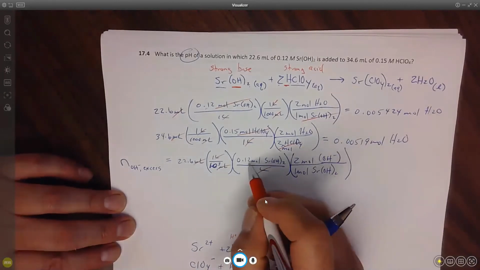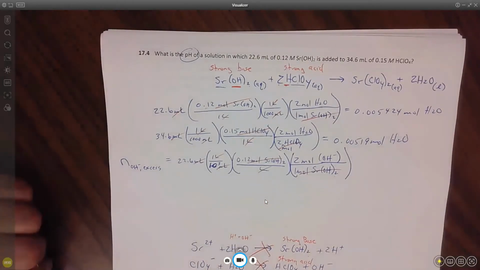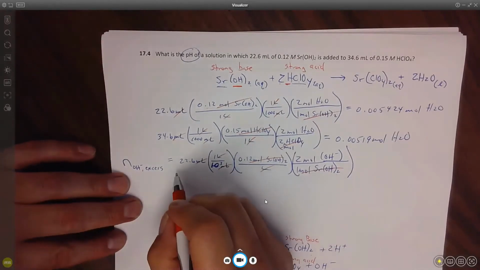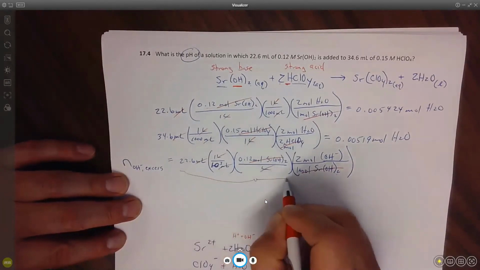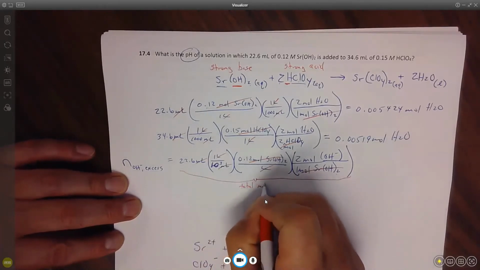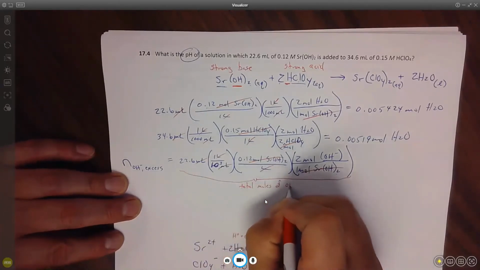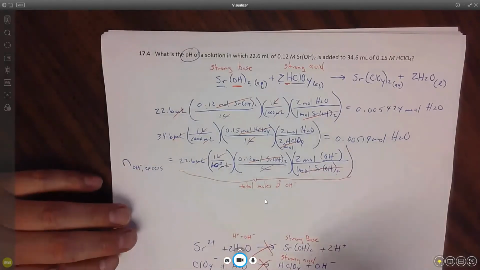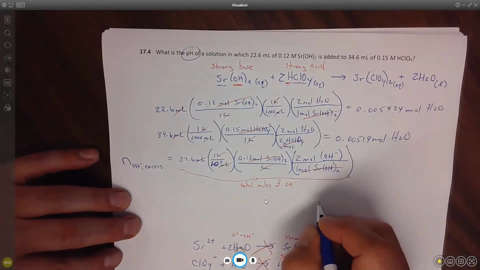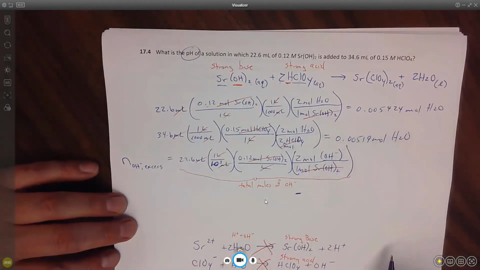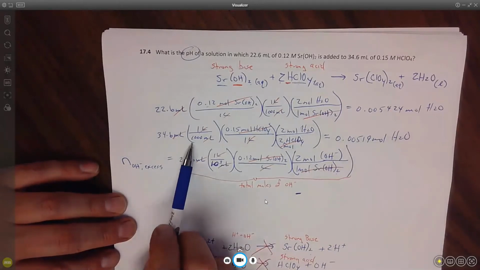Now my moles of strontium hydroxide cancel. So this then represents the total moles of OH. Now we want to subtract from that. We're going to subtract from this number the moles of OH that were used up in the reaction.